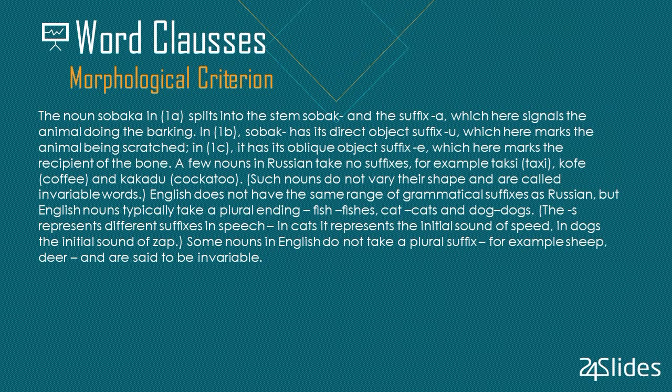The s represents different suffixes in speech. In cats, it represents the sound s. In dogs, it is the sound z. Some nouns in English do not take a plural suffix. For example, sheep and deer are said to be invariable.